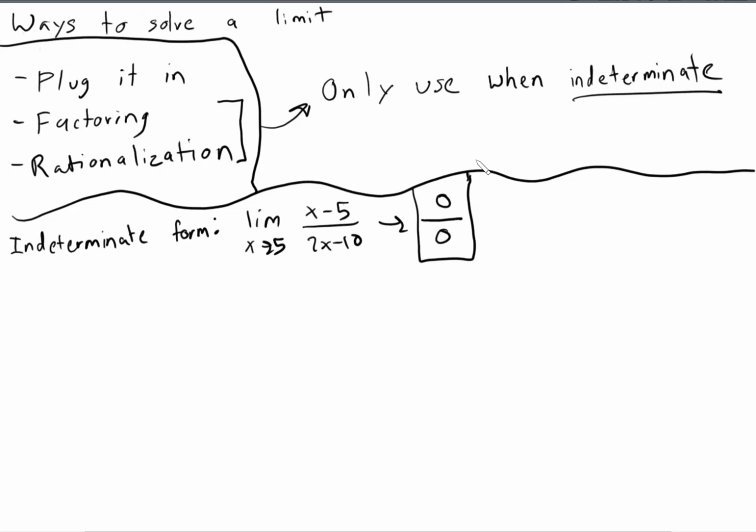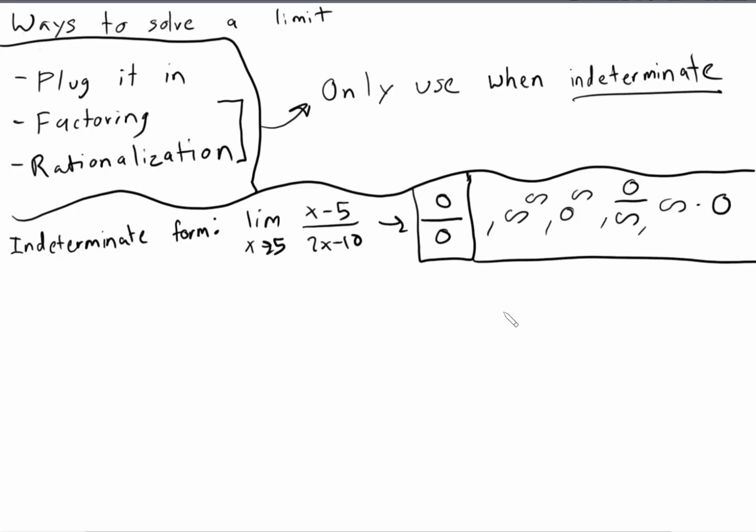Now, there are various forms that are similar to this, such as infinity to the power of infinity, 0 to the power of infinity, 0 divided by infinity, infinity times 0, and such forms. Whenever you end up in a form like this, that is known as an indeterminate form because you can't give it a numerical value.